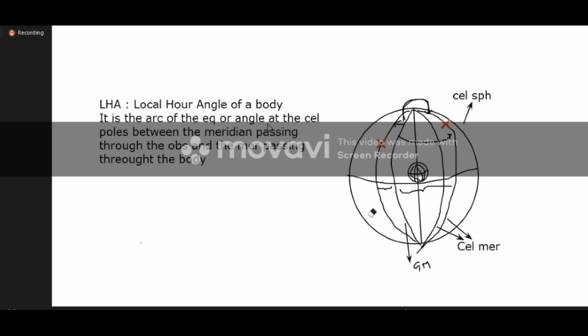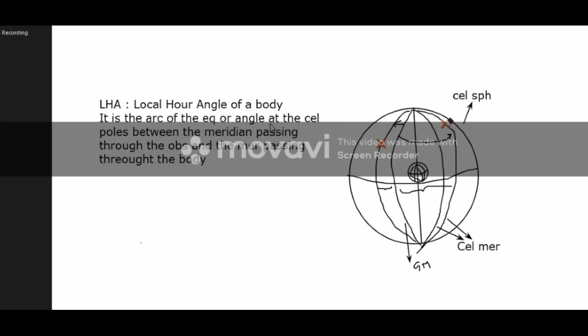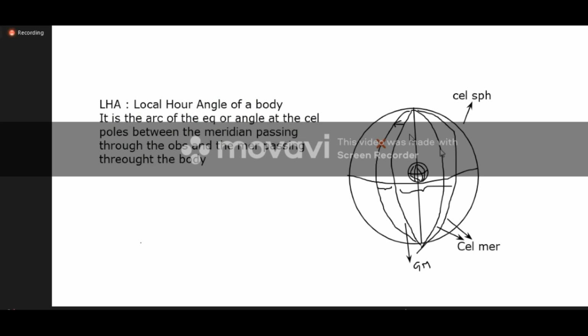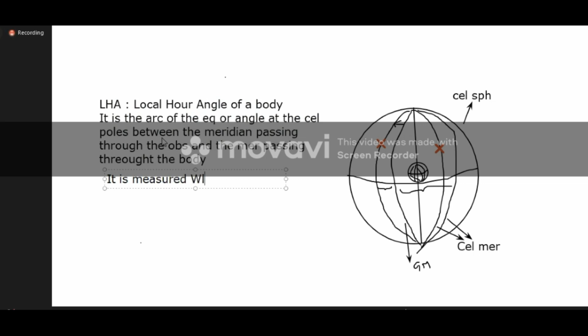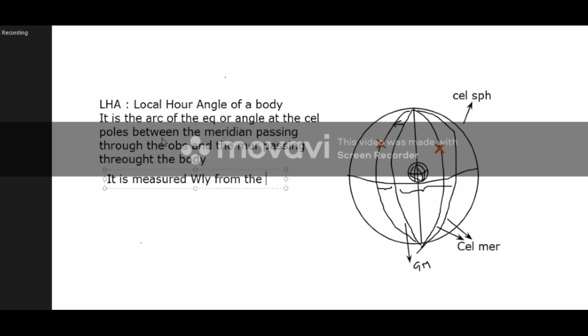On Earth there is the equator. So now let us see, erase this, remove this, it was only said to explain. Now let us assume that this is the observer here. So what is the LHA? LHA is measured westerly from the observer's meridian.